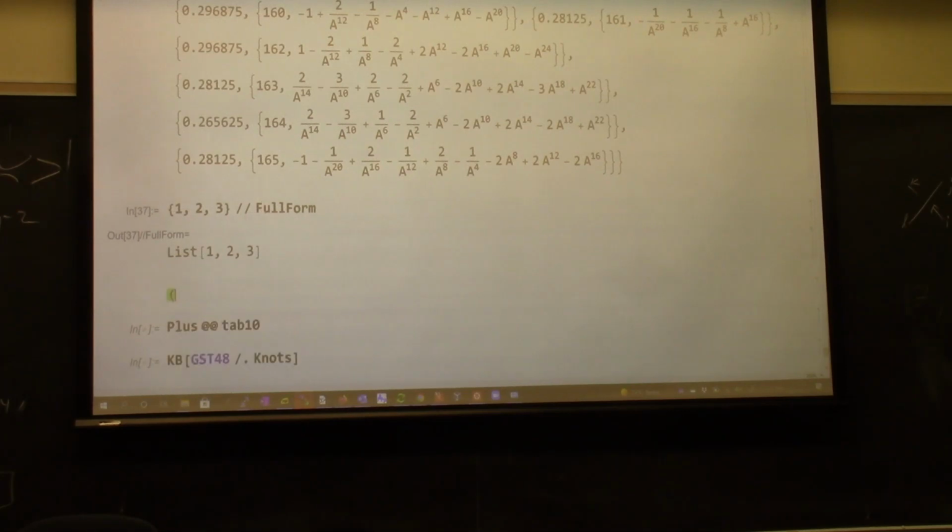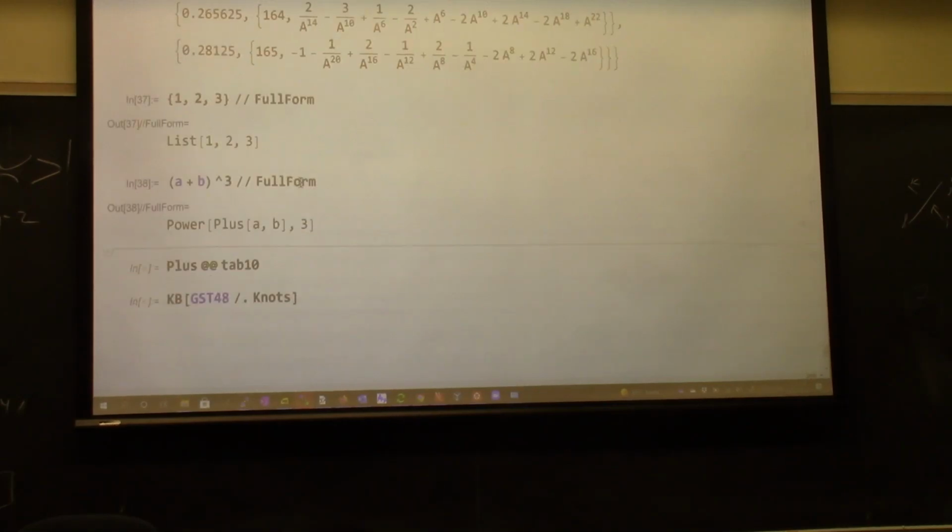So let's look at (a+b) to the power 3, and again, displayed in full form.